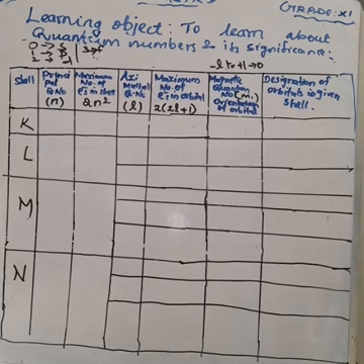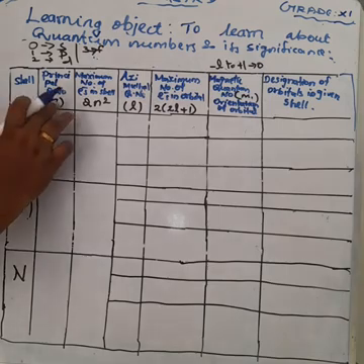First, the shells. There are totally 4 shells: K, L, M and N. What about the principal quantum number? It is denoted by the symbol small n.